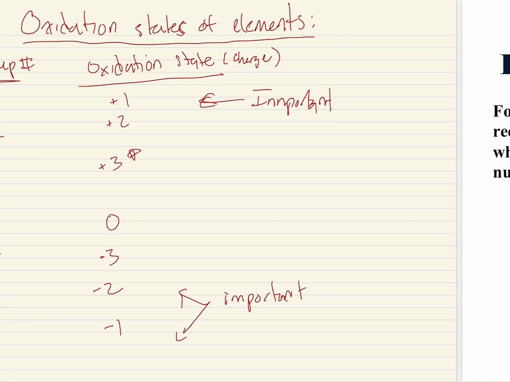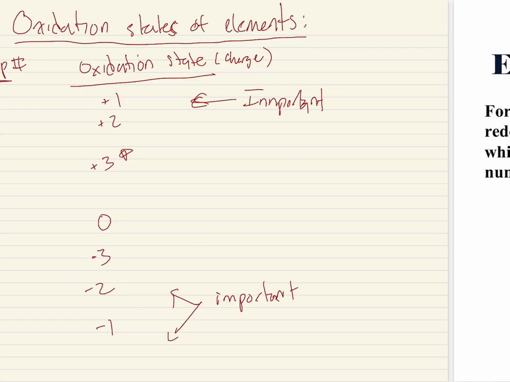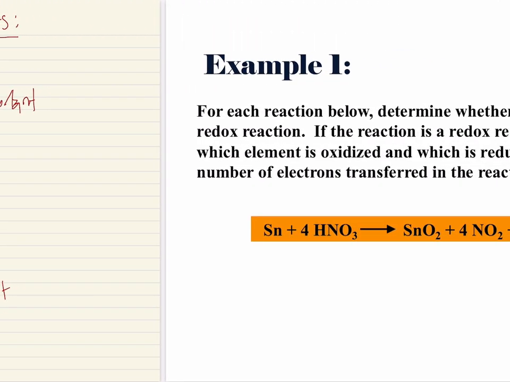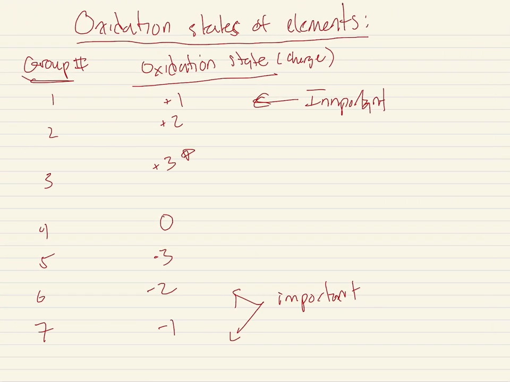All right, any questions so far? No? All right. So in the next example, we're going to look at a reaction of tin with nitric acid, and we're going to see how the electrons move between our two reactants, right?